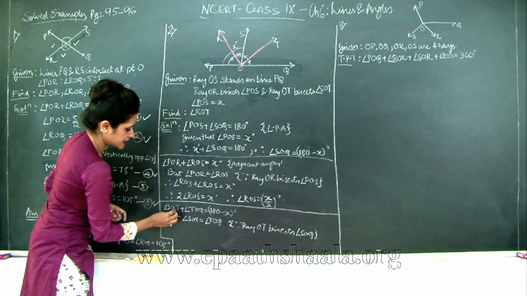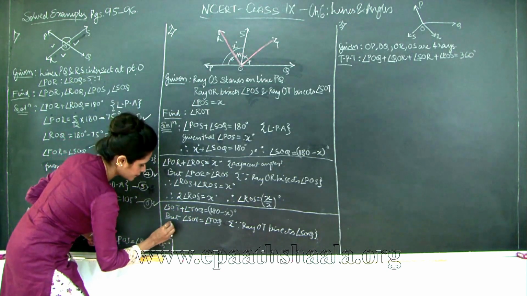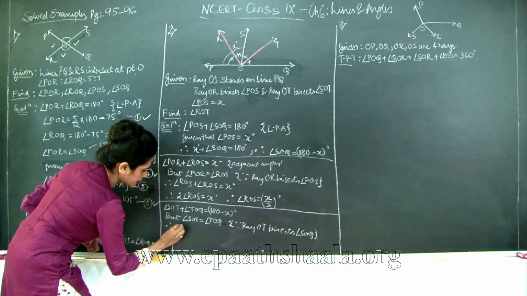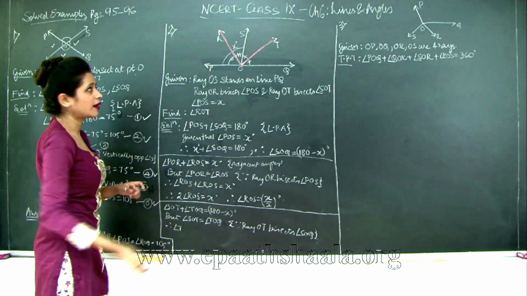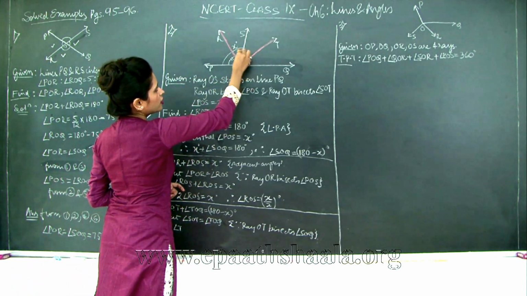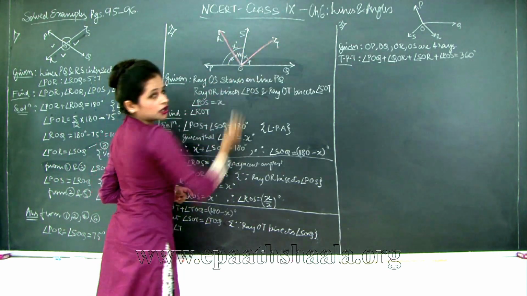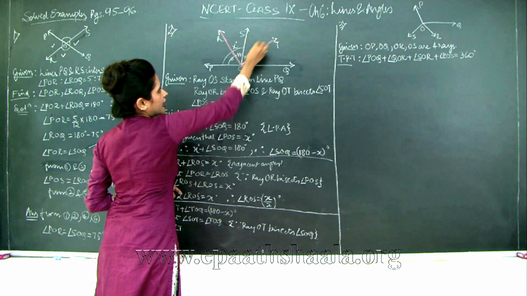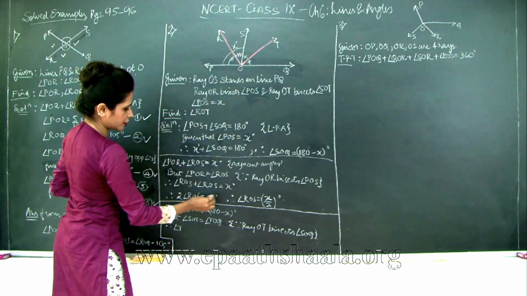Therefore, I can write this as SOT plus SOT. Why? Because I am not taking TOQ, because I need the measure of this angle as well as the measure of this angle to find my answer. That is why I will say angle SOT plus, see, we have already found for ROS over here.